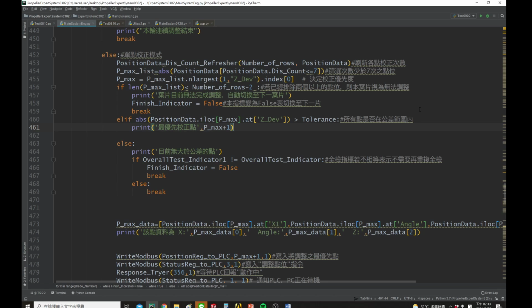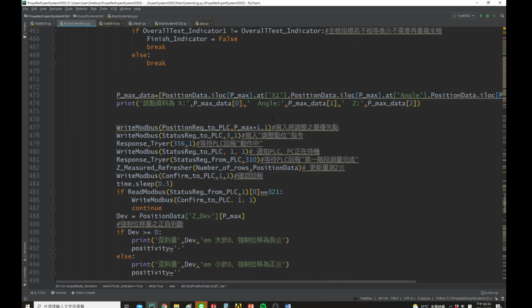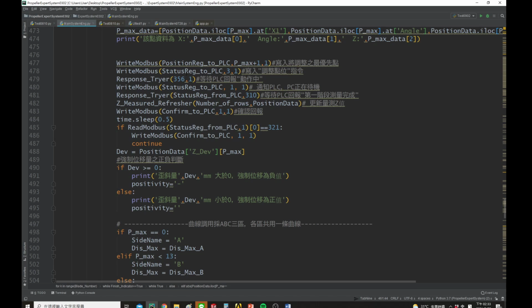Okay, so now we found out that there are still points that need to be tuned, right? So here, write the Modbus position register to the PLC.